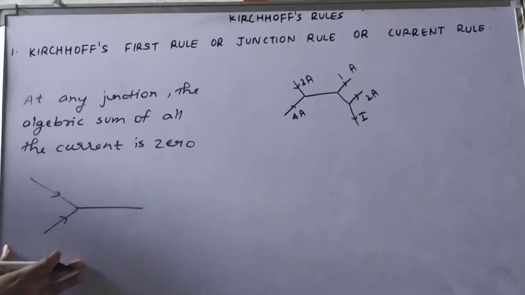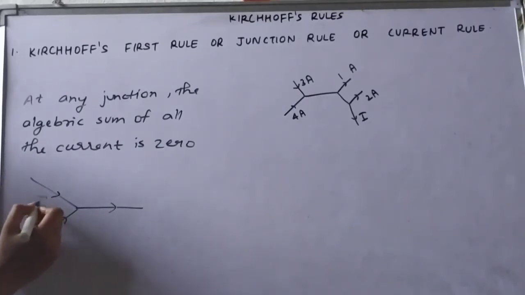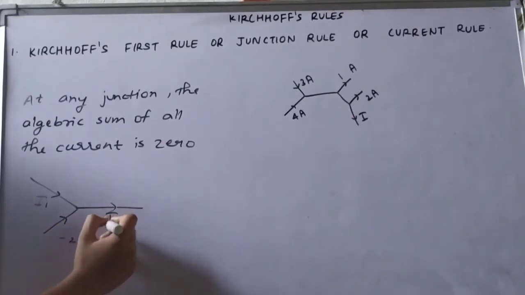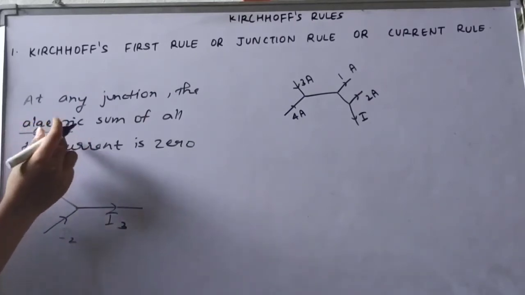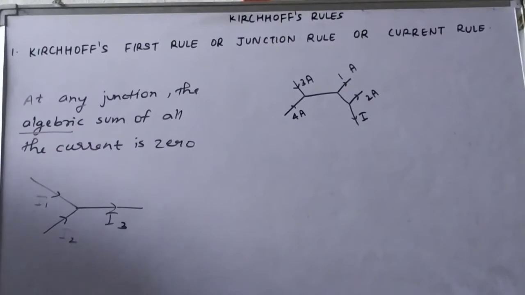Which means, if we take this wire arrangement, here the incoming currents are I1 and I2, and the outgoing current we have taken is I3. We have to use the sign also, because we have used the term algebraic, which means either plus or minus sign. The incoming current we take as positive, so I1 plus I2, and the outgoing current we take as negative, minus I3.